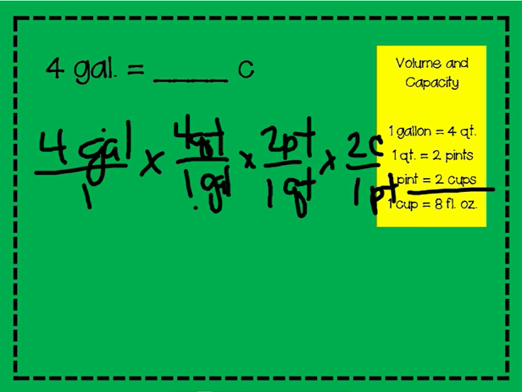Now I can begin canceling out. I've got gallons and gallons, quarts and quarts, pints and pints, which just leaves me with cups, which is what I'm looking for.